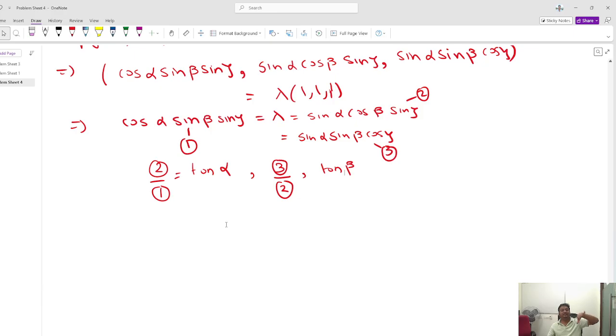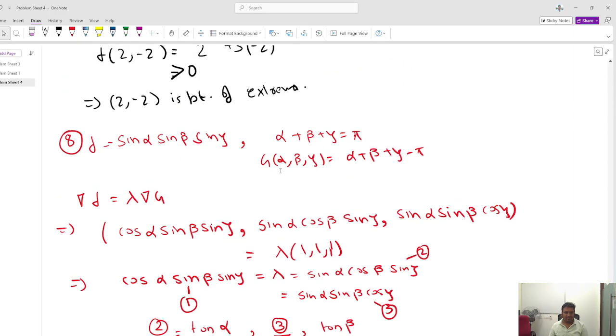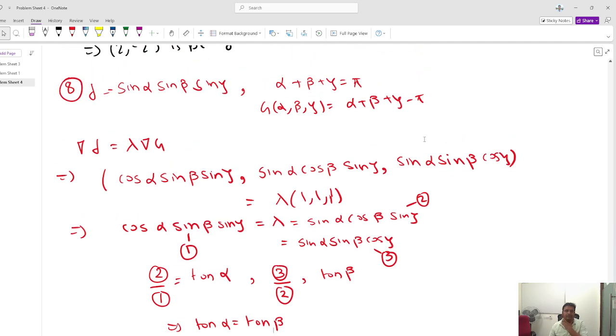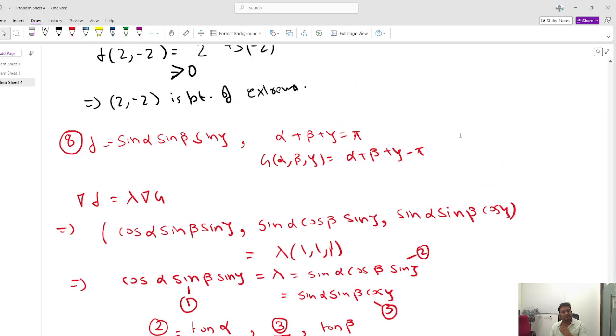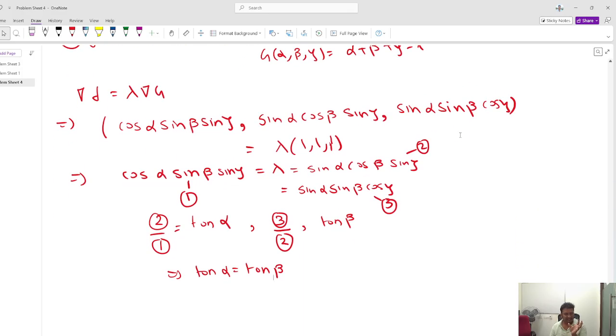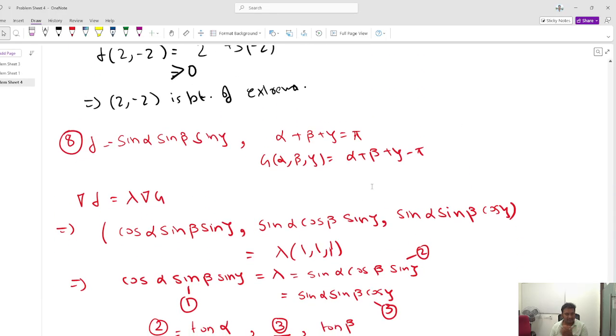When you are dividing, you have to have the case that those are non-zero. So this implies tan alpha equals tan beta, right? And your angles sum up to pi. So can any one of these angles be bigger than 2 pi? It is not possible. So your angles are always lying between 0 and pi, of course.